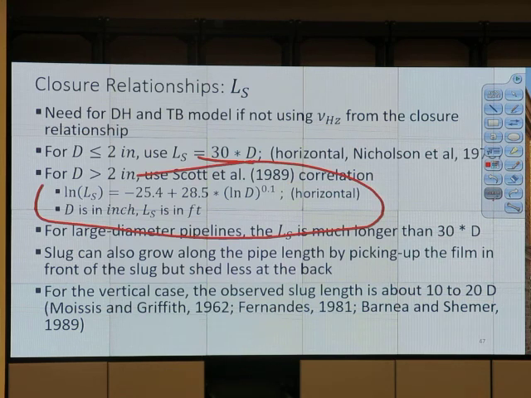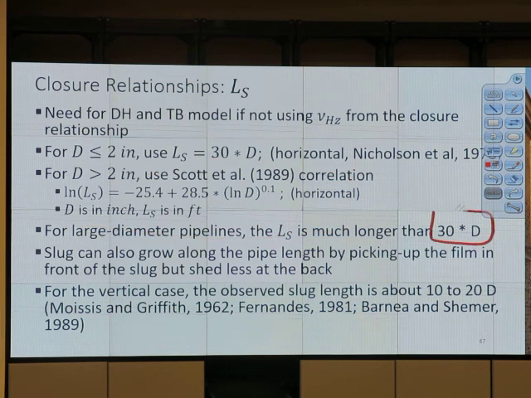For large diameter pipe, it is always much longer than 30 pipe diameters. Slug can grow along the pipe length by picking up film in front of the slug but shedding less at the back. For vertical flow, the observed slug length is about 10 to 20 diameters. So in vertical flow, the slug becomes shorter. That's the observation.